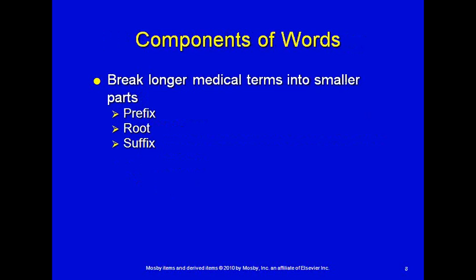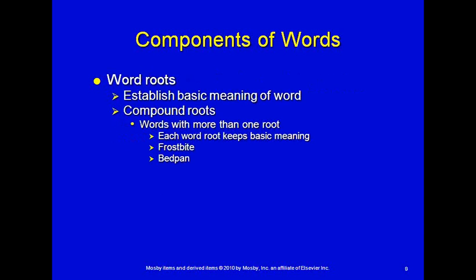If we look at a large medical word and we're not sure what it means, sometimes it helps if we can break the word into smaller parts. And typically words have three parts. You've got a prefix, the root word, and then a suffix. Now, root words establish the basic meaning of the word.